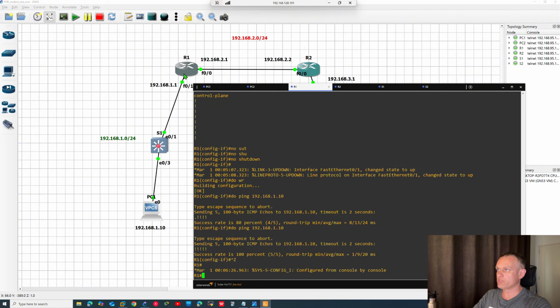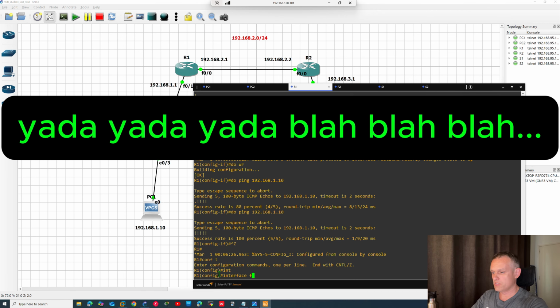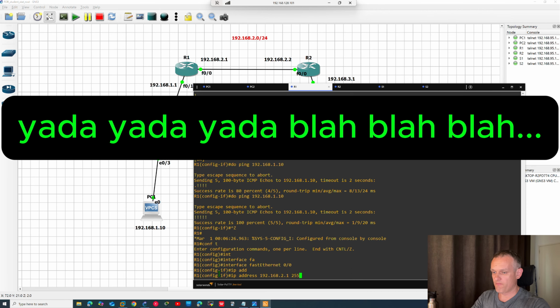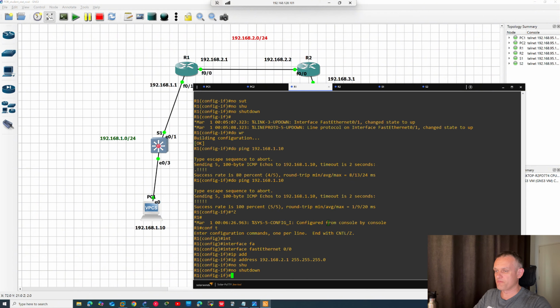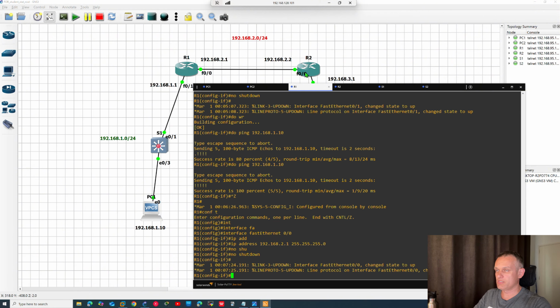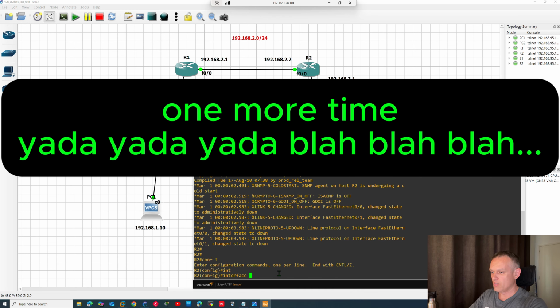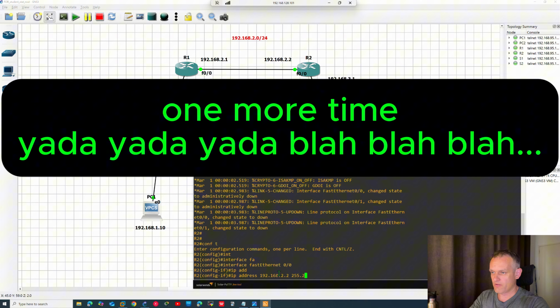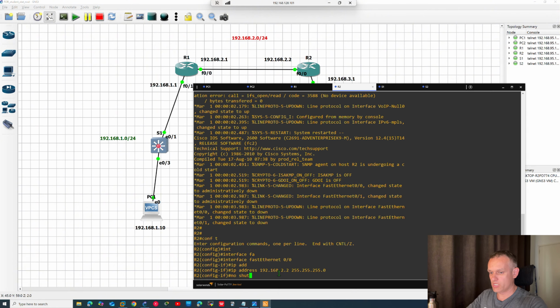Then I'm gonna also configure this IP address for interface F0/0 on the other side, this one, router 2. No shut.